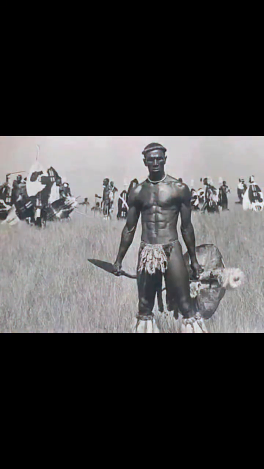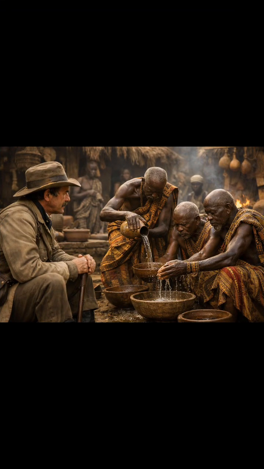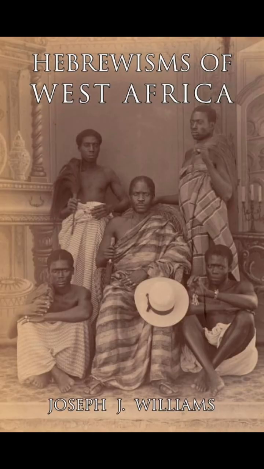And this isn't just a theory, it is heavily documented by early history. Look at the journals of the 18th and 19th century explorers and missionaries. Men like David Livingstone, Thomas Edward Bowditch, and later Joseph J. Williams in his groundbreaking work, Hebrewisms of West Africa.